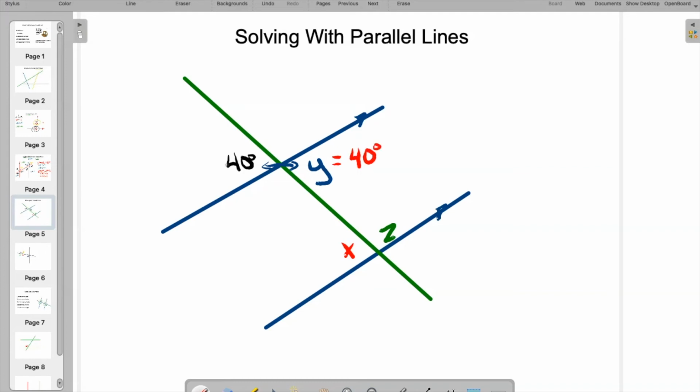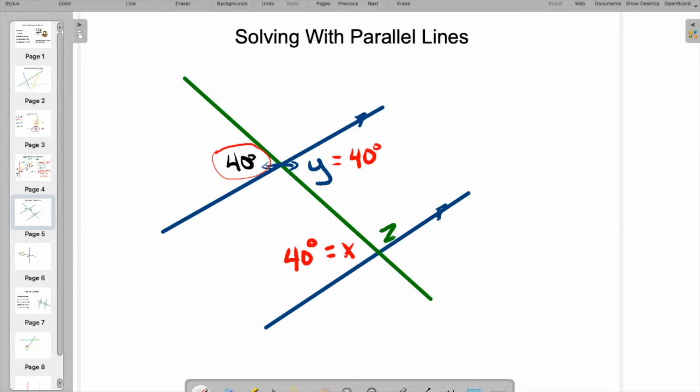Okay. Now, x, there's 2 ways to solve it. X is a corresponding angle with up here, but it's also an alternate interior angle with y, meaning that x has to also be equal to 40 degrees.